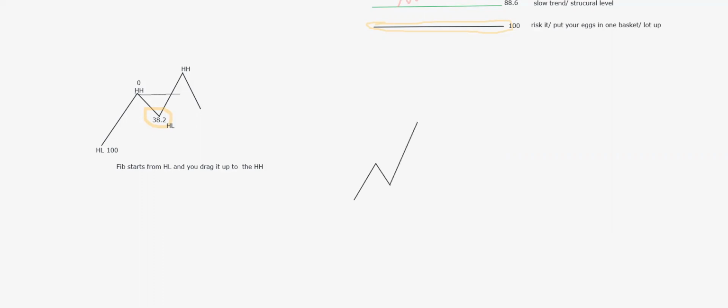So you might see a situation when it looks like this. All right. Right? You might see situations where it looks like this.